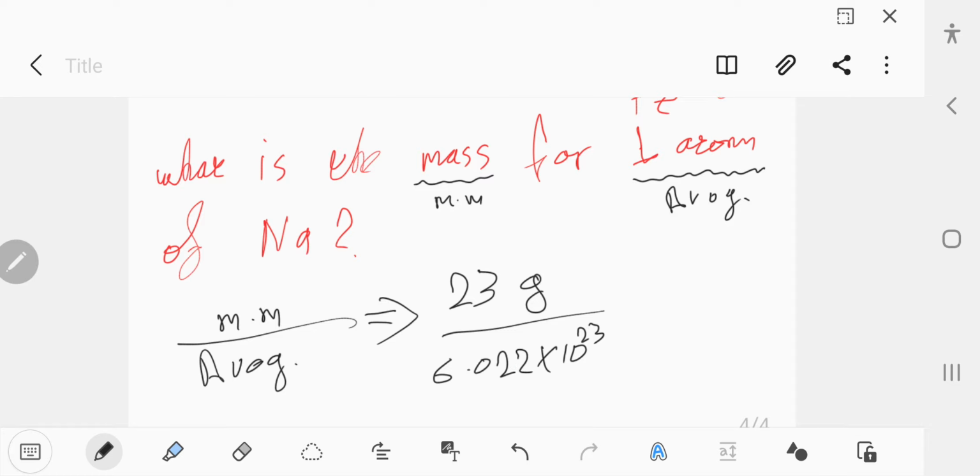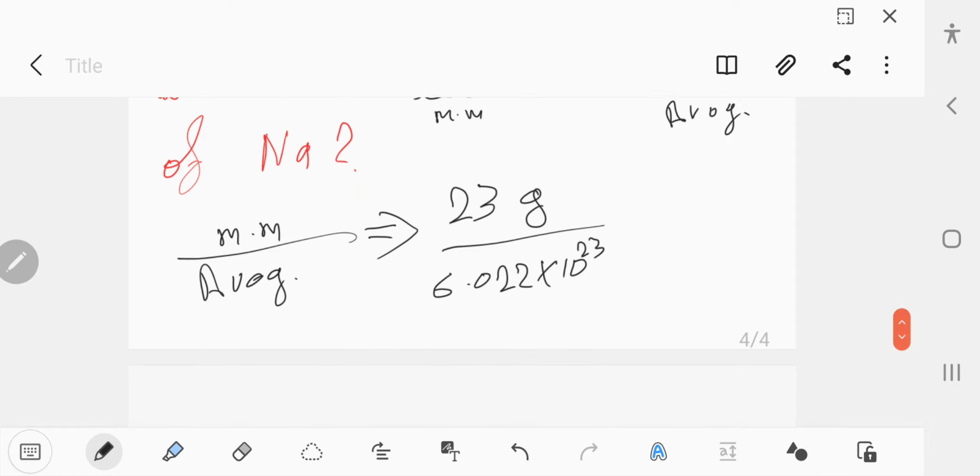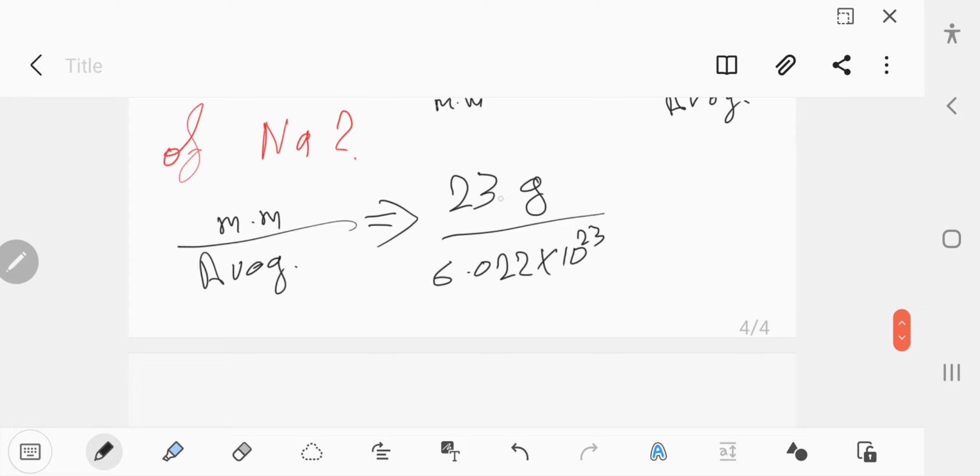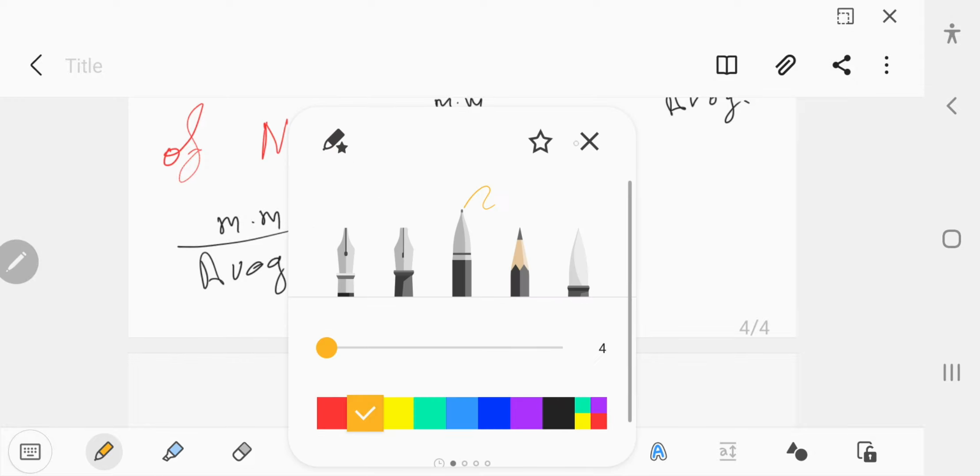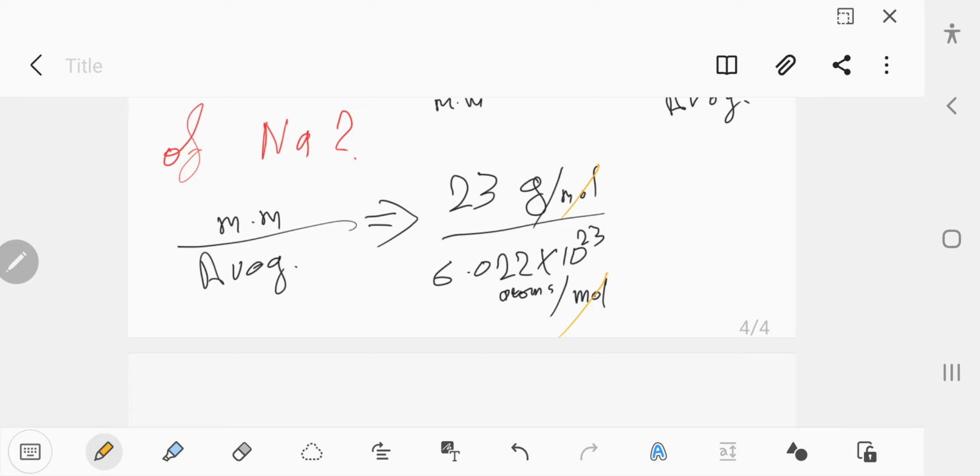Now you could say, the unit for the molar mass is gram per mole, so why did we write it as gram only? We can say that this mass is gram per mole, and this number is number of atoms also per mole. So simply this mole cancels with this mole, and we still have gram over atoms.